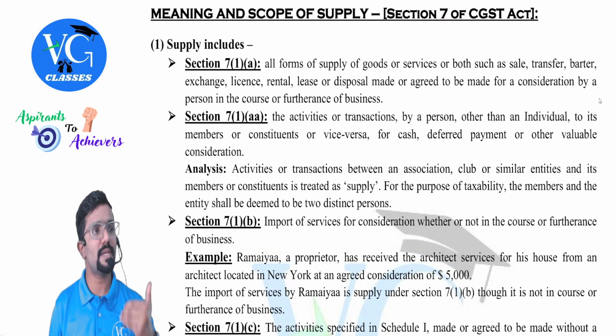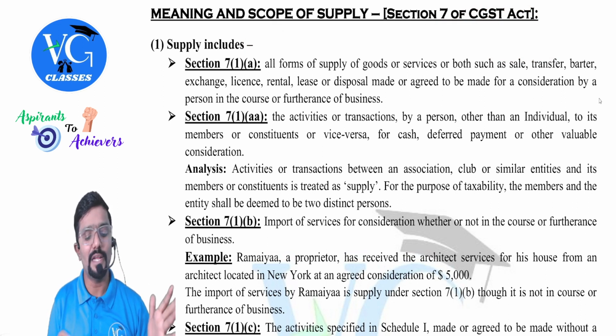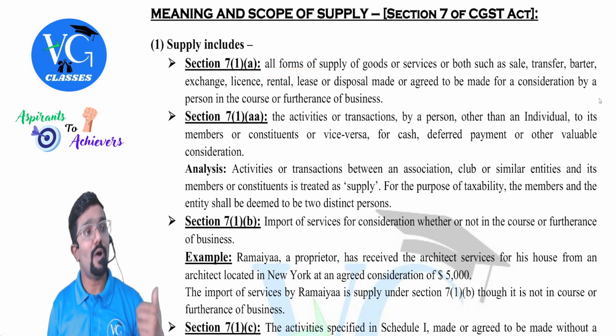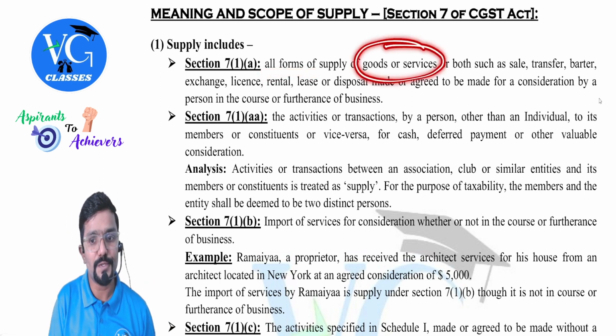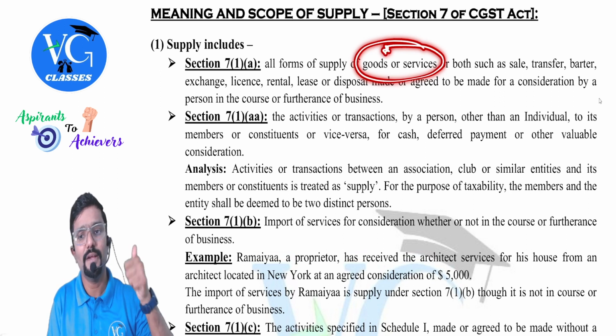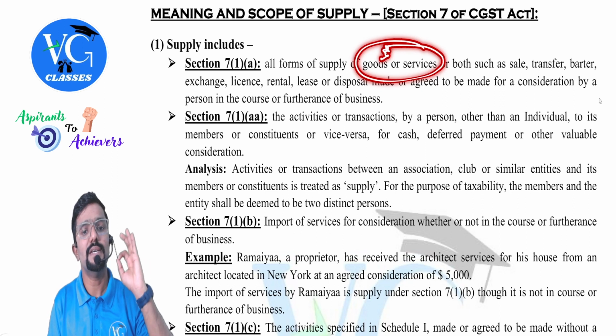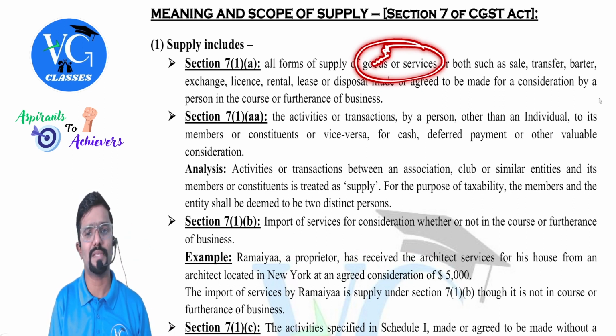Supply under section 7 subsection 1 includes 7.1a: all forms of supply. They are telling all forms of supply of what? Goods or services or both, such as, meaning they are giving a few examples: sale, transfer, barter, exchange, license, rental, lease, or disposal. All these are examples, guys.